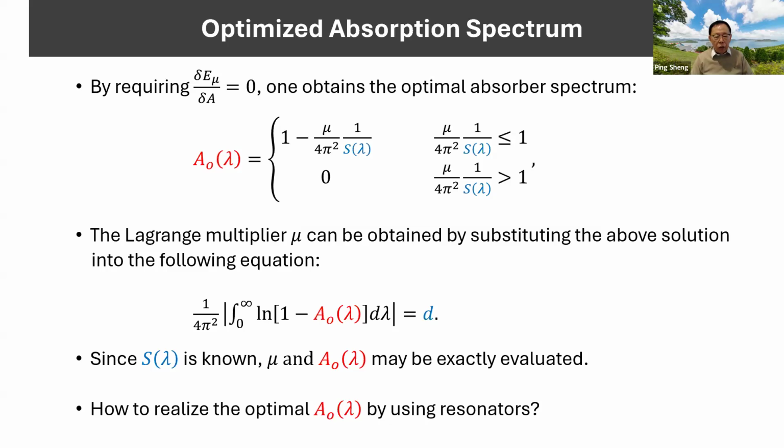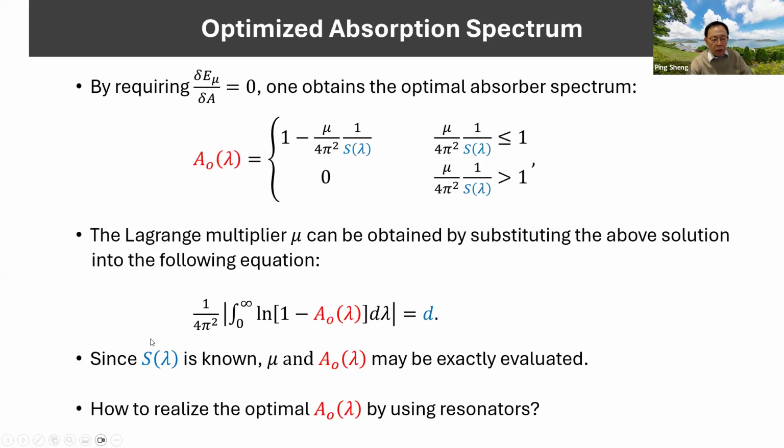So in order to solve for mu, of course, is well known. We just plug this A of naught into the constraint condition. So in the equation denoted here, you have the equation in which A of naught of lambda contains the Lagrange multiplier as the unknown. So you can solve this equation for the Lagrange multiplier.